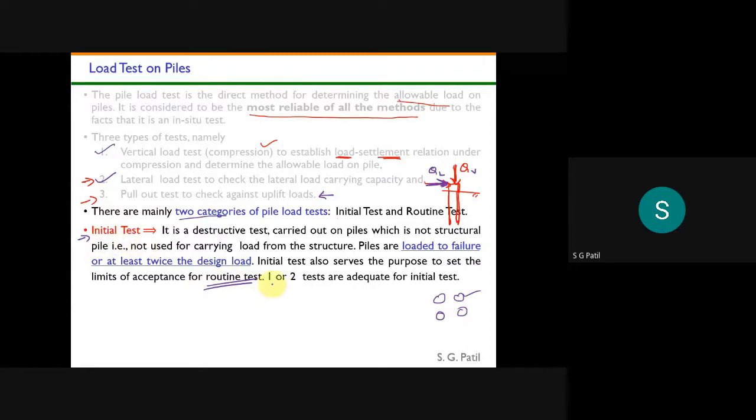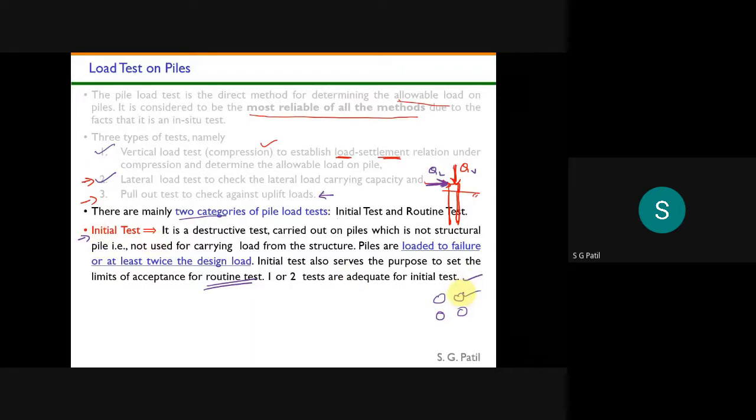Usually 1 or 2 tests are adequate for the initial load test, because it's a very costly affair, because you are failing the entire pile. The casting itself is a very costly affair, and then after casting, you apply the load until it fails. That means this pile will not be useful after this initial test.